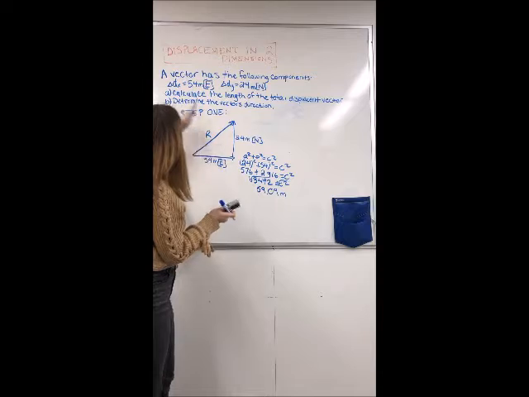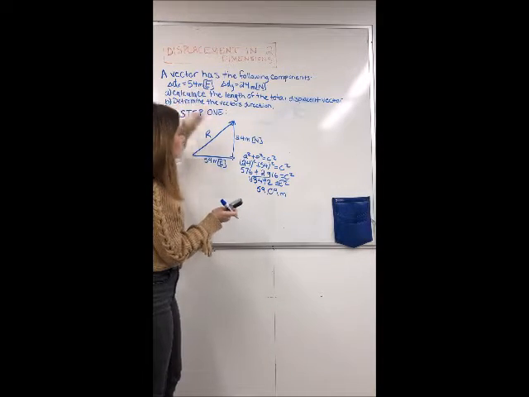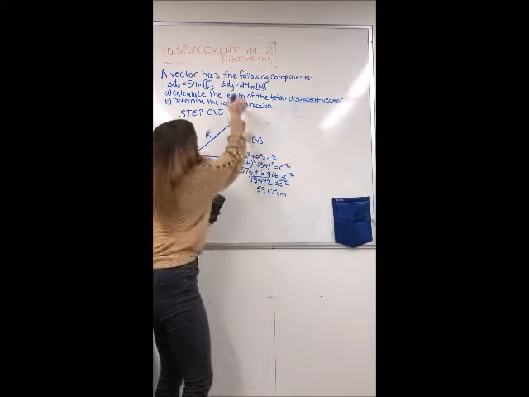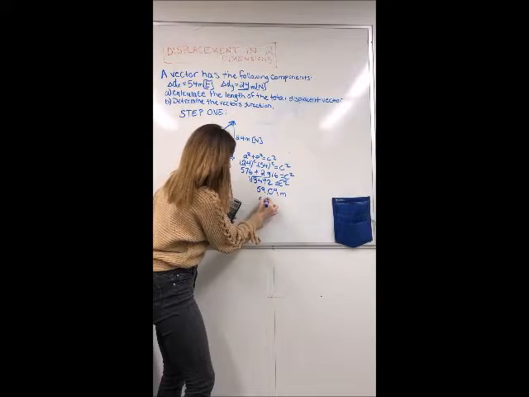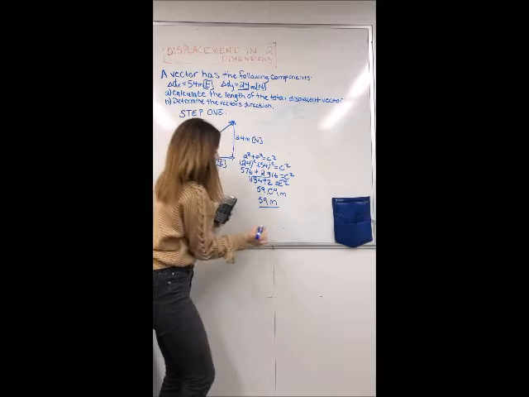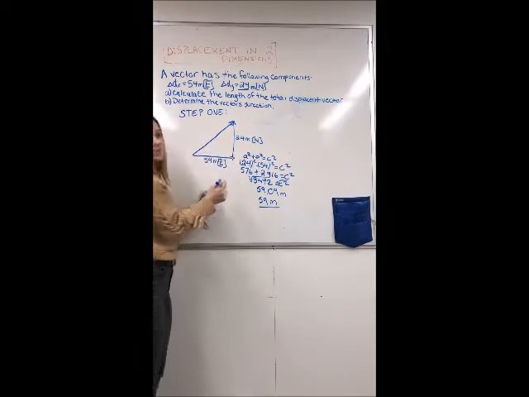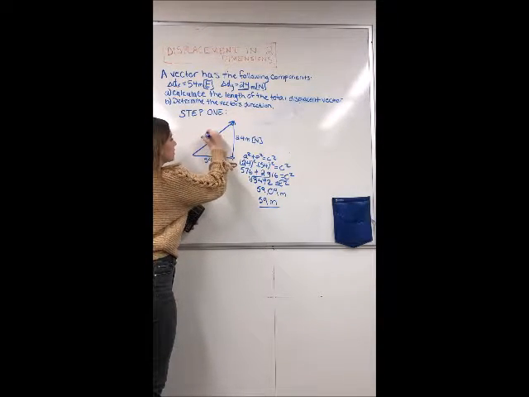But using sig figs, we need to remember we only have 2 numbers in the displacements. So this will just be 59 meters. So we change this to 59 meters.